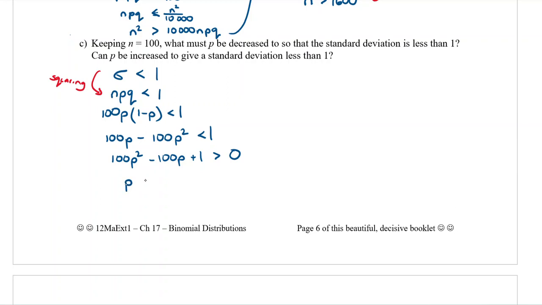So p equals, minus b would make a positive 100 because the minuses cancel out, plus or minus square root of b squared would be negative 100 squared. Because you're squaring a negative number, you can probably just skip the minus sign there, because the minus sign always becomes positive. Then minus 4 times a is 100 times c, which is 1, all over 2 times a, which is 2 times 100.